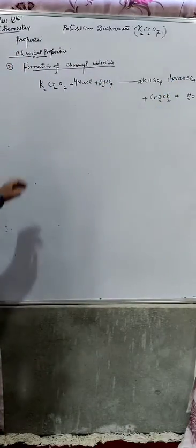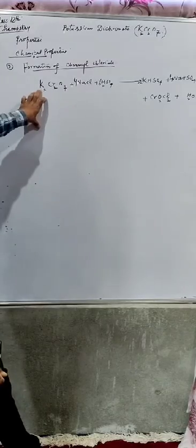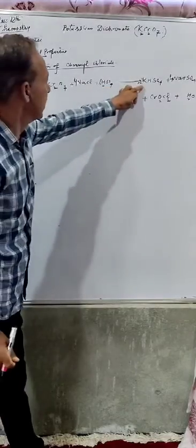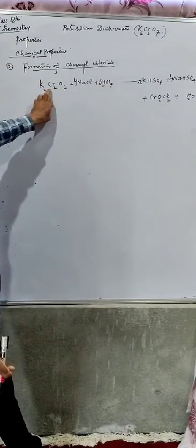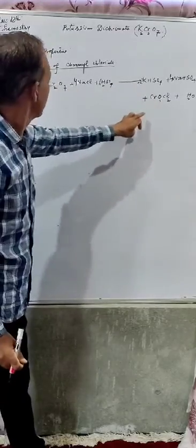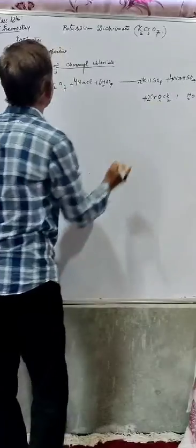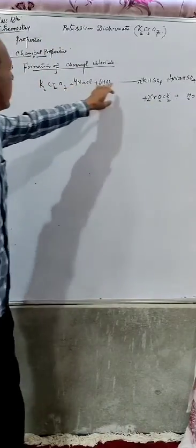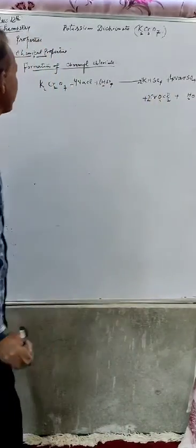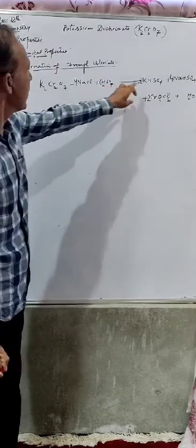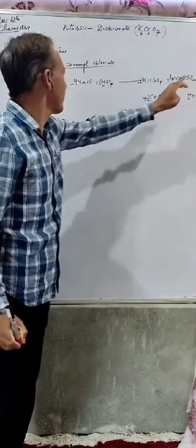So you can see the reaction again gets balanced. K2, Cr2, Na4, SO4 6 times, SO4 2 times, SO4 4 times.